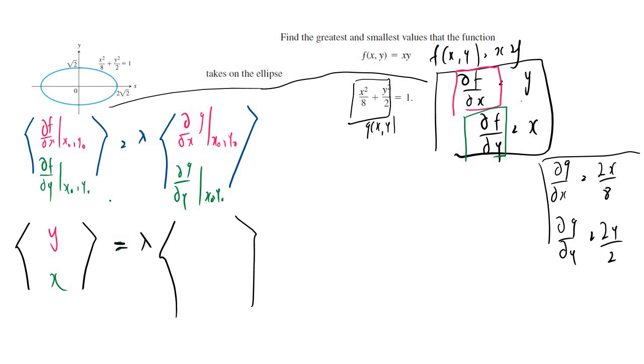So we know that the partial derivative of g with respect to x is 2x over 8. We can simplify that further, so we get x over 4, and then we will write the next one. We'll simplify it here, so it will be y.